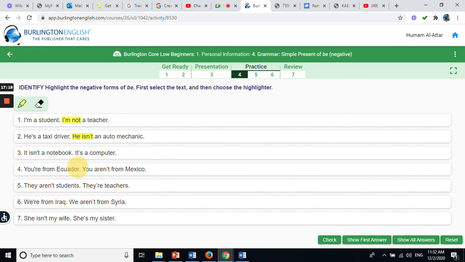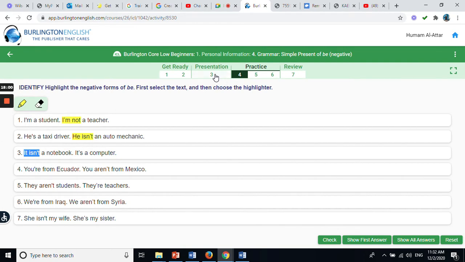Okay, the negative form of be. So, which one of these two sentences is the negative form of be? It isn't a notebook. This one? Oh, okay. You just joined.